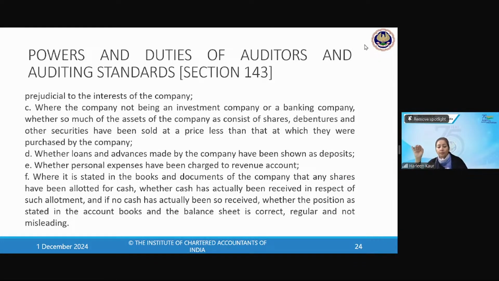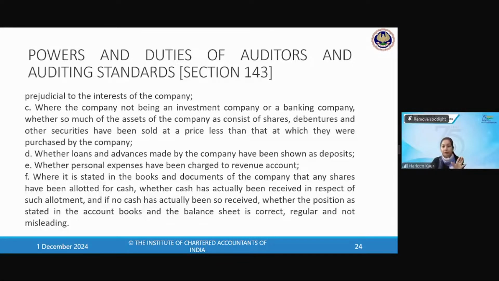Point number four. What does point number four say? So C point I'm reading now, where the company, not being an investment company or a banking company, has shares, debentures, and securities that have been sold at a price less than that at which they were purchased. The exception is for investment and banking companies.